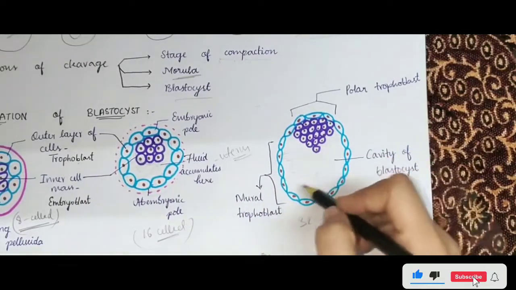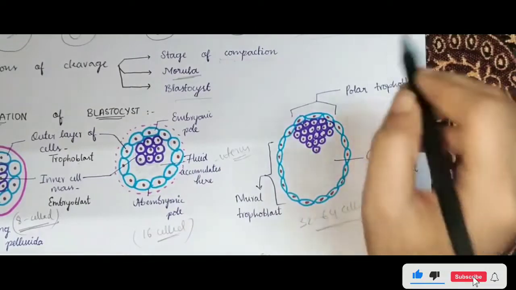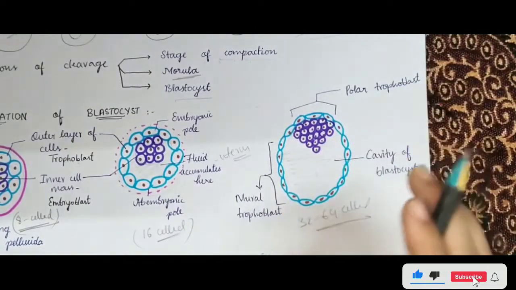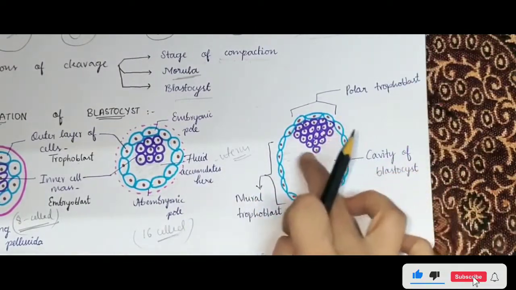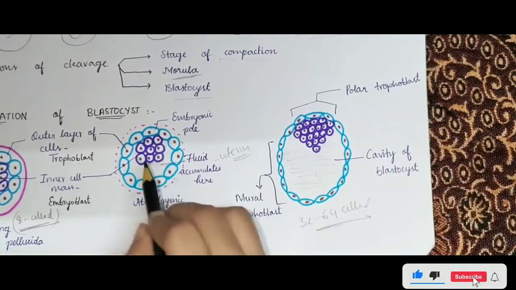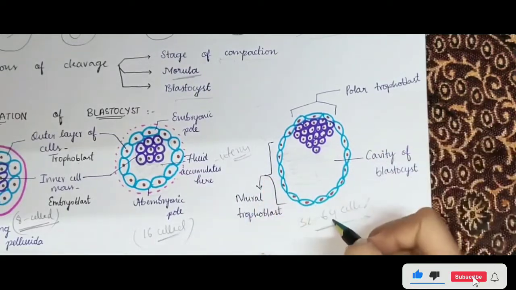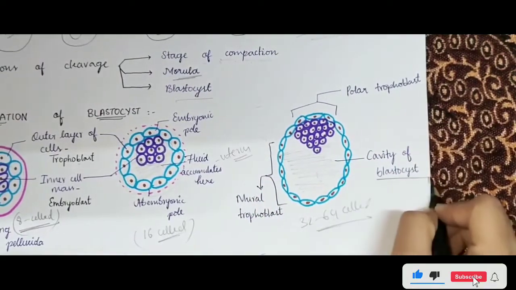So as a result, there is a formation of a cyst. The morula has been transformed into the shape of a cyst. So this is called a blastocyst.